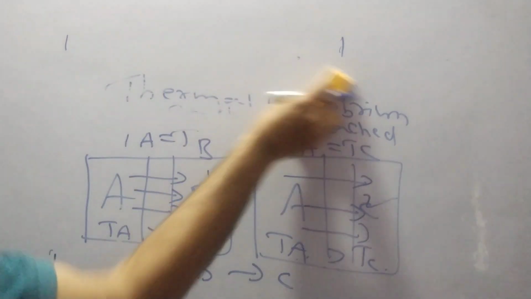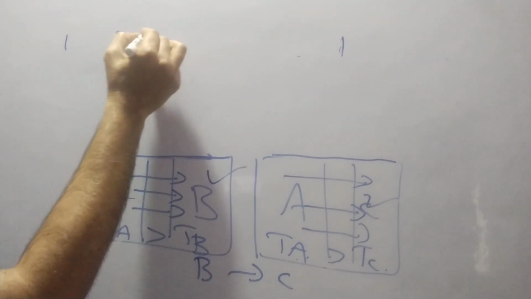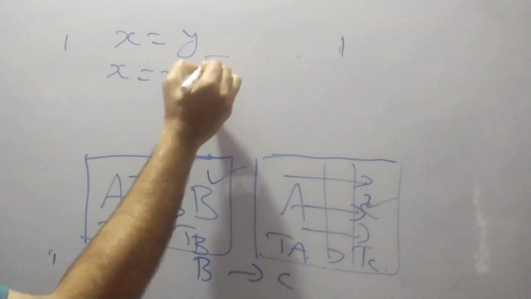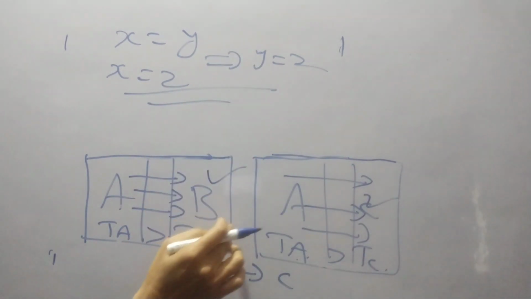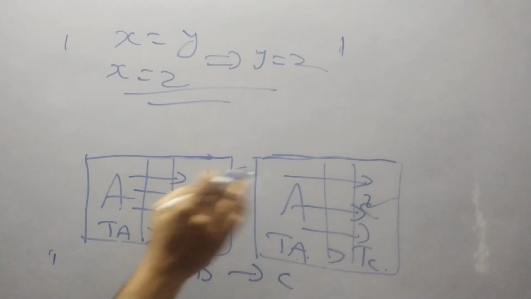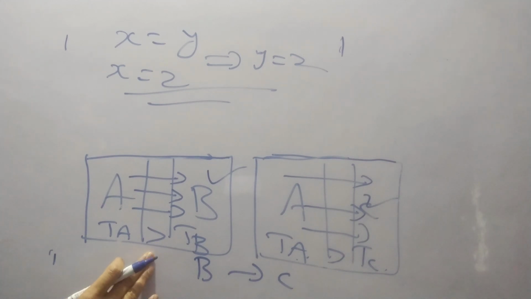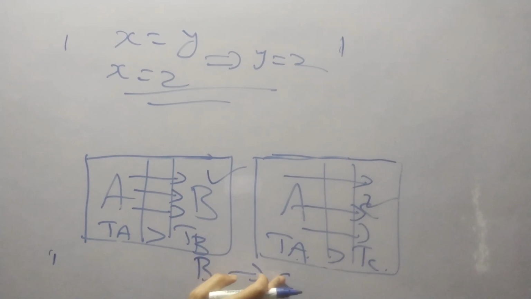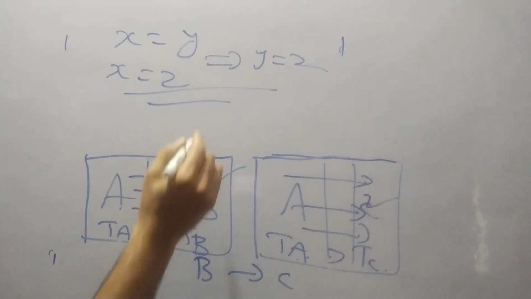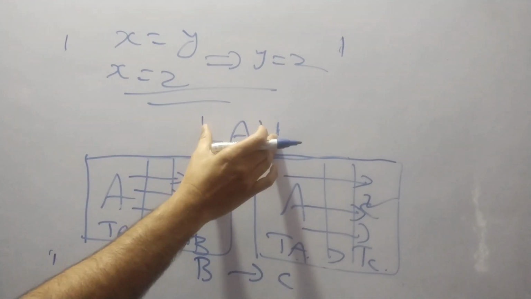And this is a law, meaning this condition is not always true by mathematics. In mathematics, if x equals y and x equals z, then y equals z. But that mathematics can't be applied here, because B temperature equal to C is not always guaranteed. Scientists did experiments, and for this condition they stated that B is in thermal equilibrium with C. That's why this is known as a law: experiments were conducted and it was defined, so authority is given.